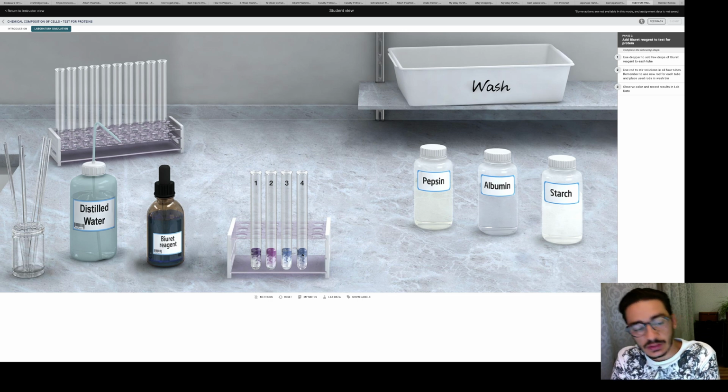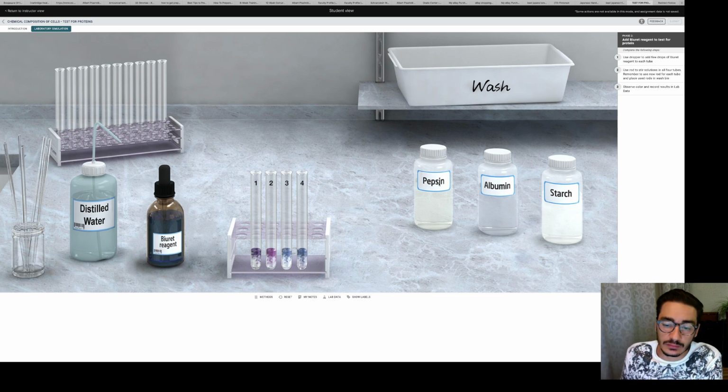So this experiment has a positive control, right? The pepsin and albumin are gonna be positive controls. The third and fourth are gonna be negative controls. So let me just mix those, and we're gonna see the results.